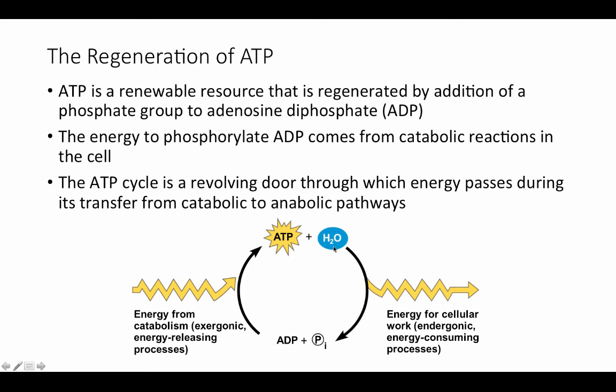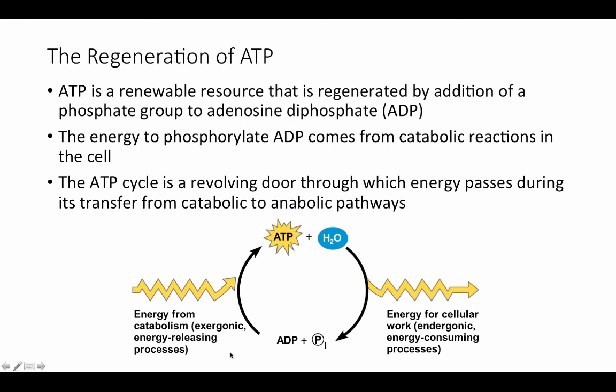Okay, so this is similar to those polymerization reactions, the dehydration, also known as condensation reactions. So water is going to come out just as a water had to go in to do this reaction. And then those are then going to be used as energy for endergonic, energy-consuming processes, converting them back into ADP and inorganic phosphate.